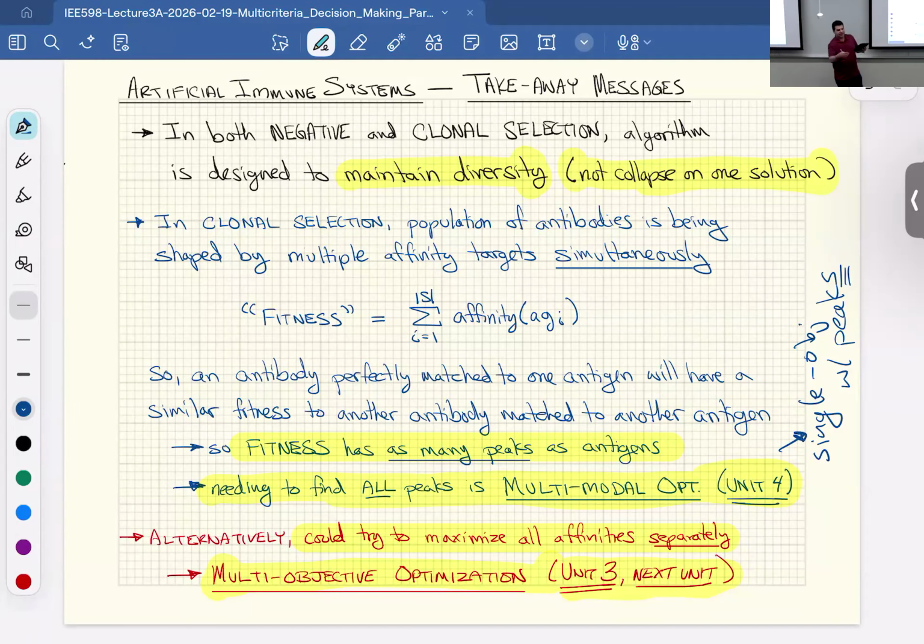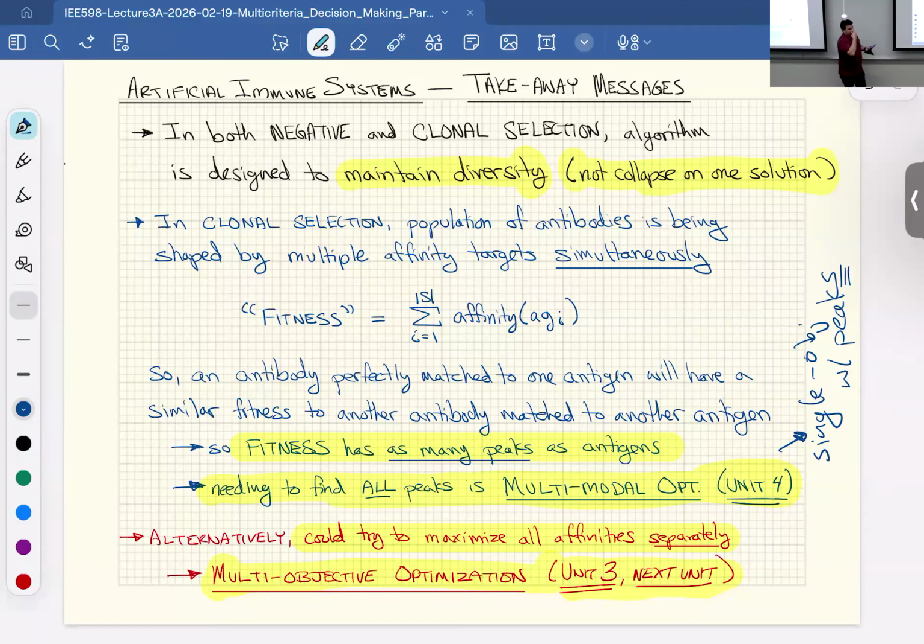Some of them are good at this, some of them are good at that. But whatever the combination of traits, if it has this suite, they really like it, and if it has this totally different suite, they like it just as much. That's the single objective. I'm trying to make that one person happy, and there are multiple ways to make that one person happy.